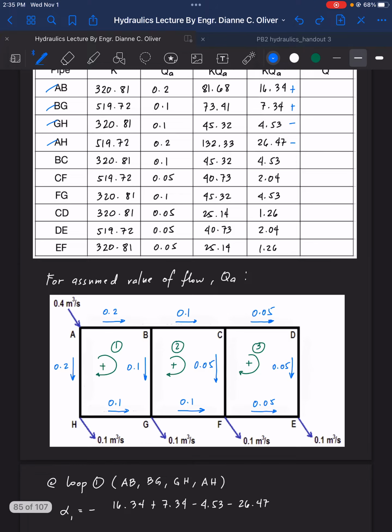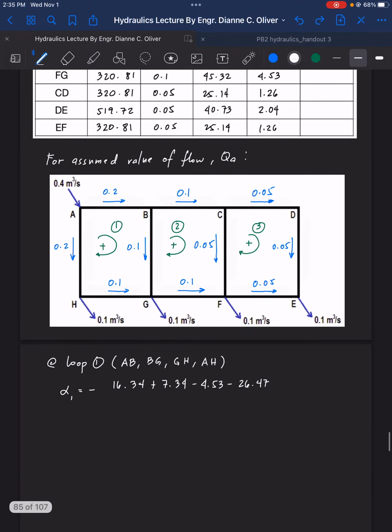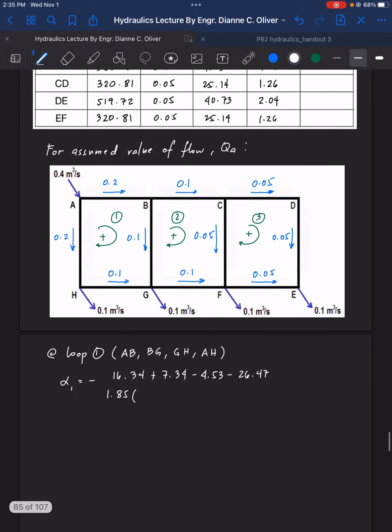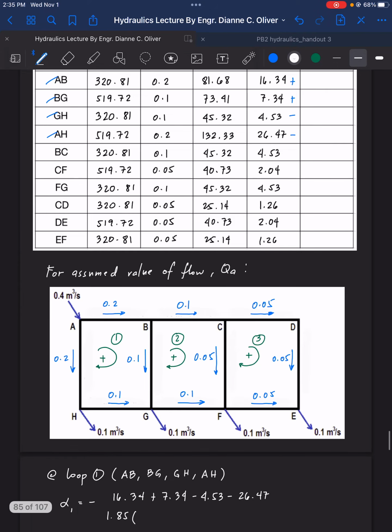So that is 1.85 times 81.68 plus 73.41 plus 45.32 plus 132.33.